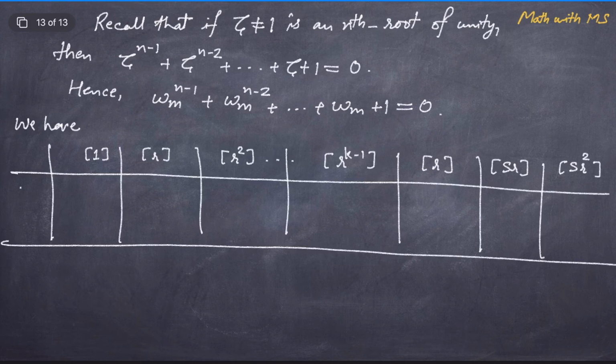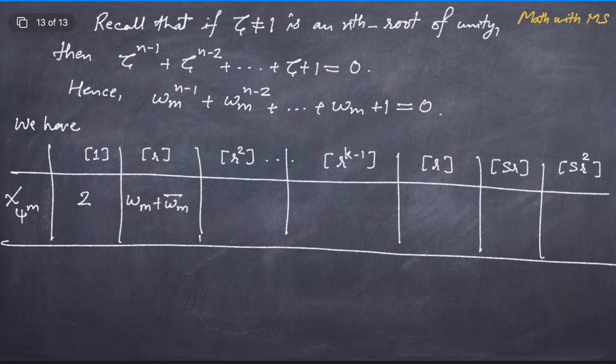Here we have the character of psi m. Now the character value at the identity of the group is the degree of the representation, so it is 2. We know that psi m of R is a matrix A and its trace is simply omega m plus omega m bar.